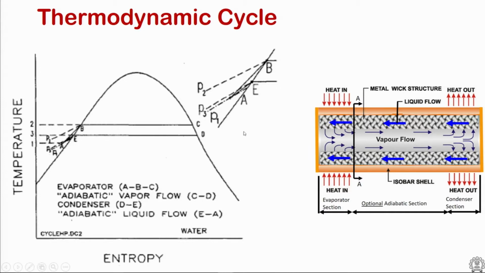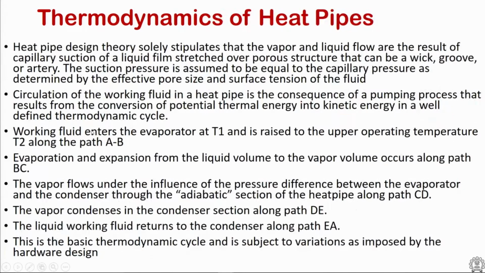If we closely look at it, one of the important things that we notice is that the temperature difference between the evaporator and condenser is the major driving force. If the temperature difference is 0, then there is no circulation, because the natural circulation loop in the system is enabled by this temperature difference.